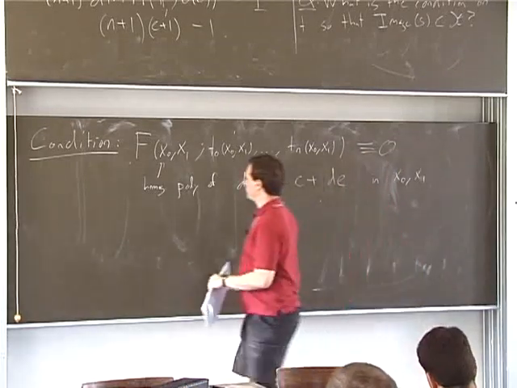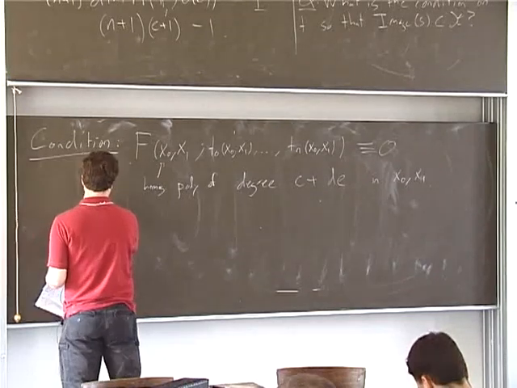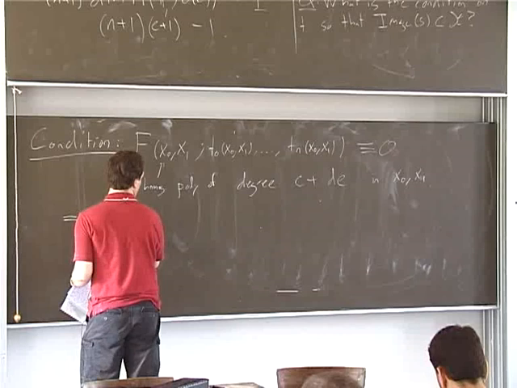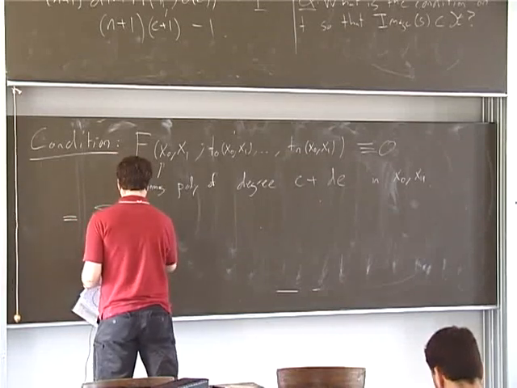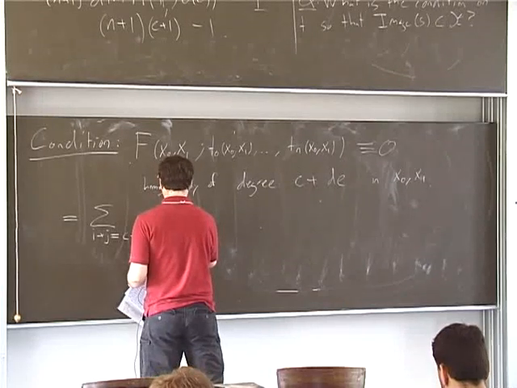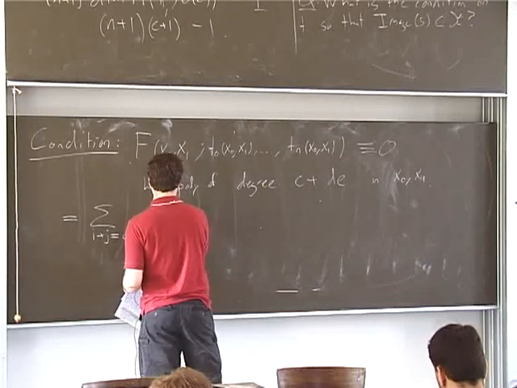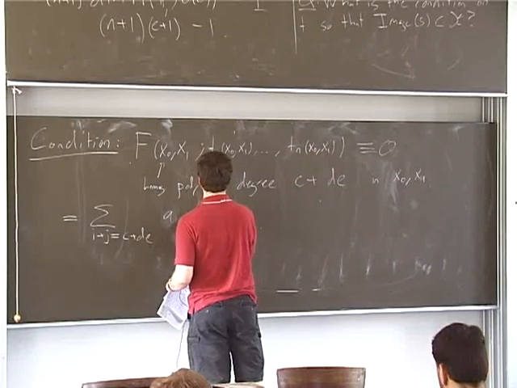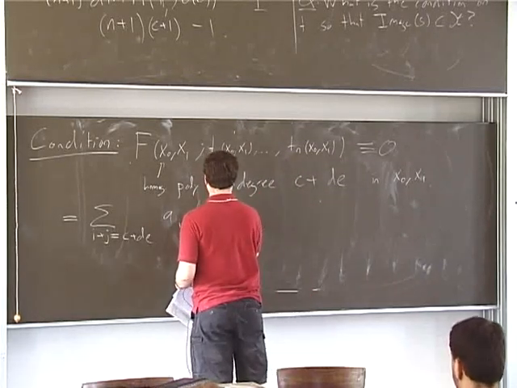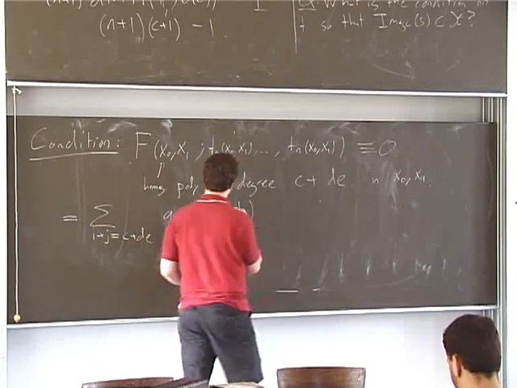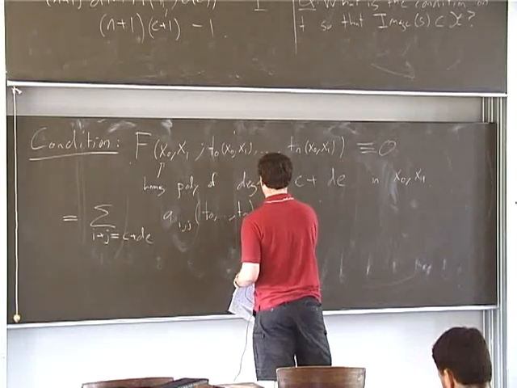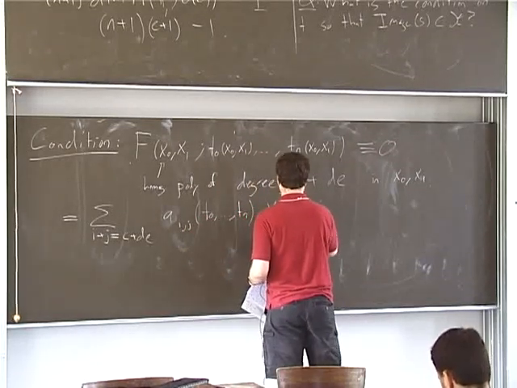So at least in principle, we could expand this out as a sum over i plus j equals c plus de of some a_ij, let me use a because I'm already using c, and now this will depend on t0 through tn. I mean, what I really mean is it will depend on the coefficients of t0 through tn, times x0 to the i, x1 to the j.